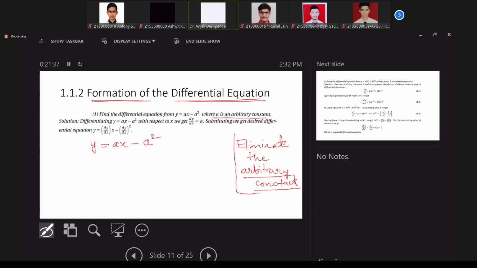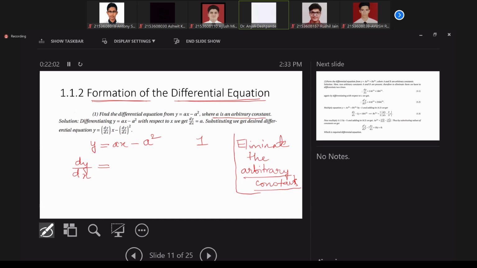So the method is like this. You are going to differentiate as many number of times as the number of arbitrary constants. How many arbitrary constants are there in this equation? 1. Therefore, you are going to differentiate only once. So I'm going to just find only dy by dx.